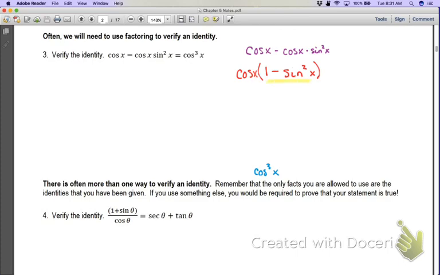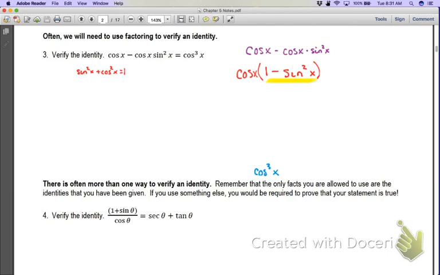Does this look like anything that we've seen maybe, or something similar? Yeah, it's a Pythagorean identity, right? The Pythagorean identity, however, says, and I'm going to write it over here to the left, that sine squared of x plus cosine squared of x is equal to 1.